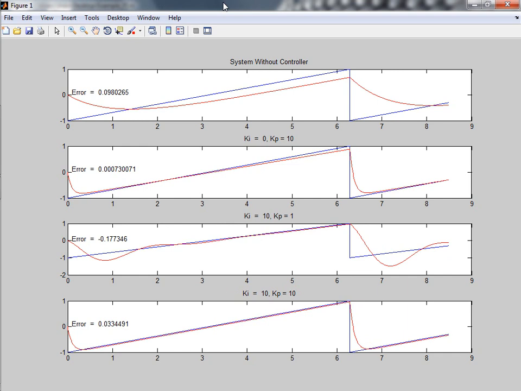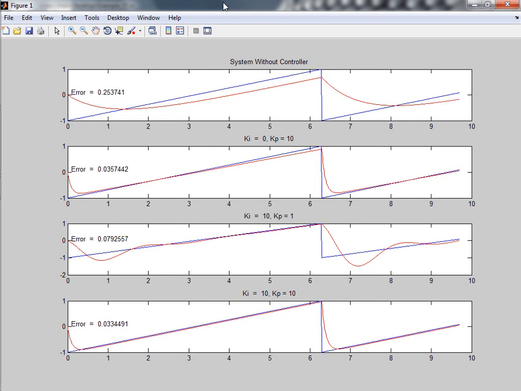The blue line is the input, and the red line is the output of the system. I always want to have the response very close to, or exactly the same as, the input to the system. If I just use the P controller, the speed of converging to the reference input is very good, but I have a steady state error.